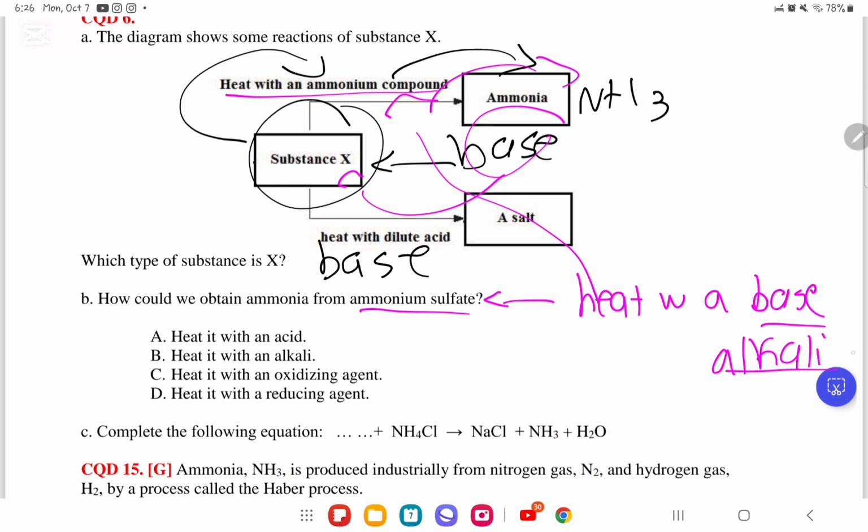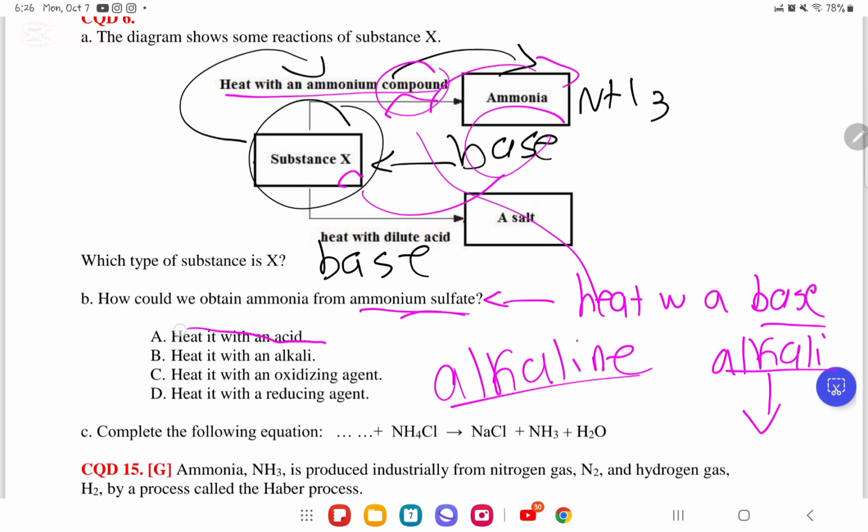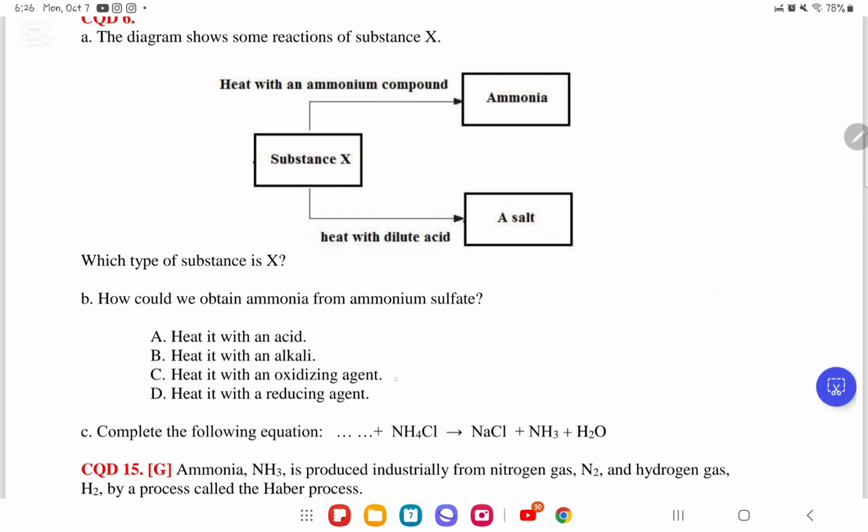It can mean also alkaline. Now what's the difference between alkali and alkaline? Alkali substances are bases which are soluble in an aqueous medium. So definitely anytime we see ammonium sulfate, we see it's an ammonium compound. So we have to heat it with a base, meaning we're going to choose alkali in this case.